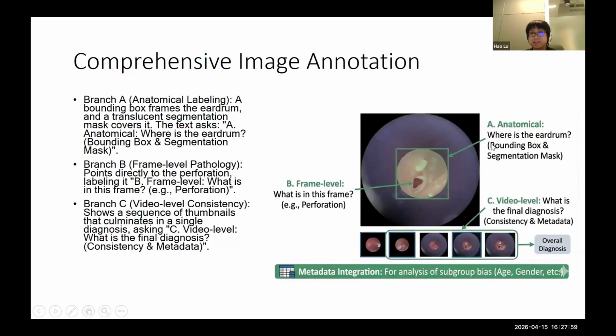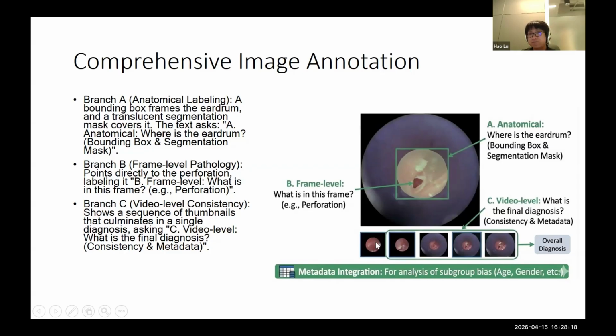So here is an example of our labeling. The blue box is the bounding box of the eardrum, and we have a pixel level segmentation of the eardrum. And here is a hole in the middle of the eardrum, which indicates this is a perforation in this frame.